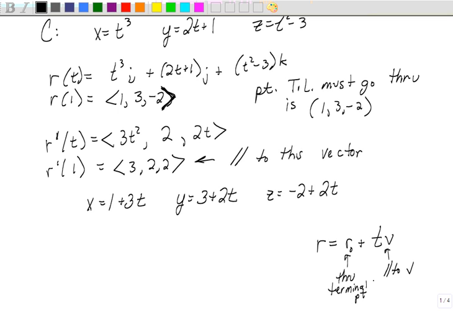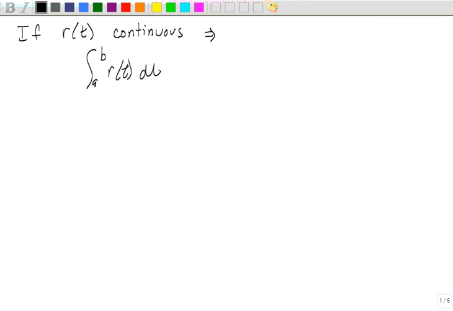Just to review a little bit. Okay, and also, if r of t is continuous on AB, then we can integrate r of t, and that's just integrating each function separately.